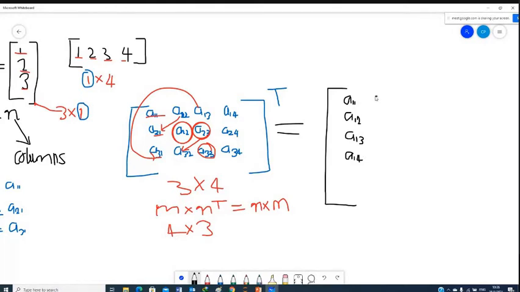Then A21 comes here, and A22 remains in the same position. And A23 comes here, and A24 comes here.